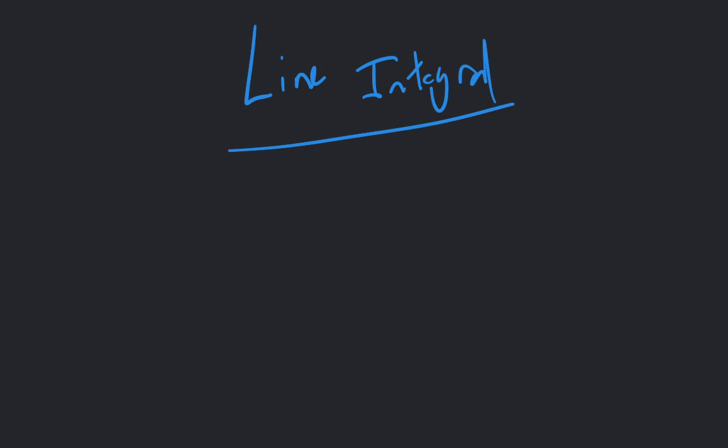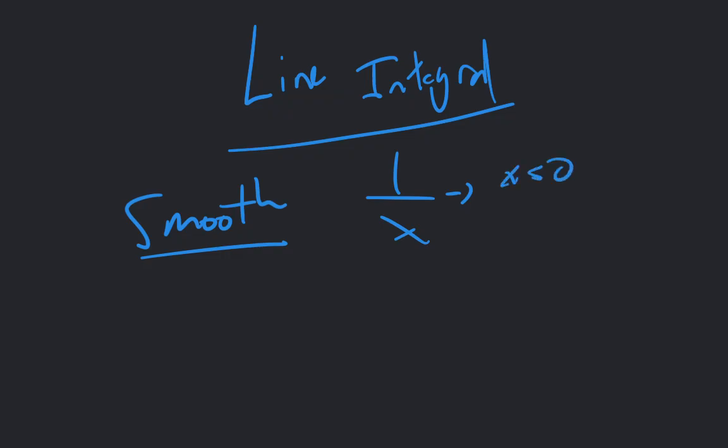If we have a smooth curve, meaning that it's well behaved, meaning you can take the derivative of it at certain points, so it's not going to be like 1 over x at x equal to 0.